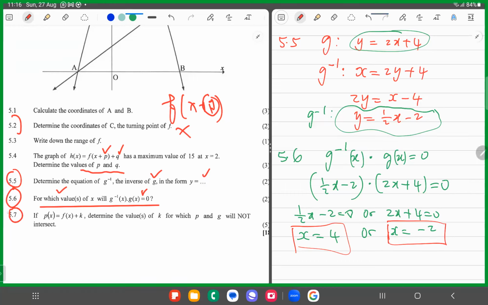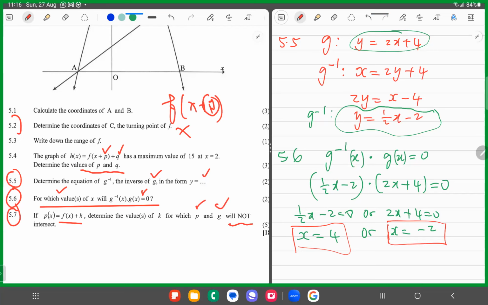So in 5.7, we have this. p of x is equal to f of x plus k. Determine the values of k for which p and g will not intersect. Let's look at this one.